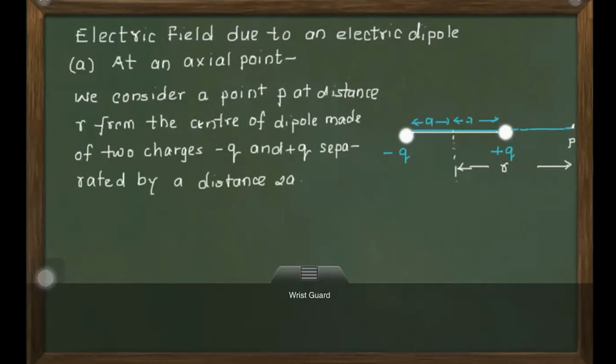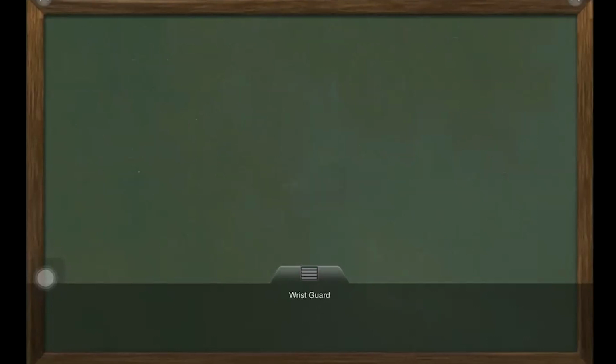Let me take the figure on the next slide. This is a point charge minus Q and then plus Q. This is minus Q, the first one.